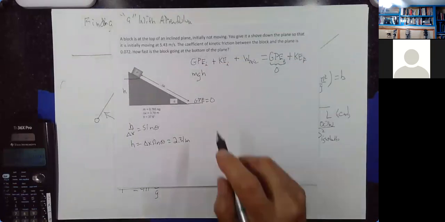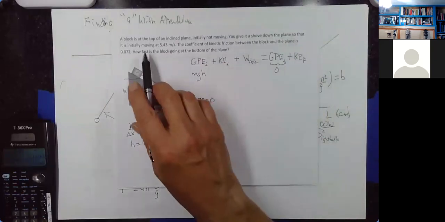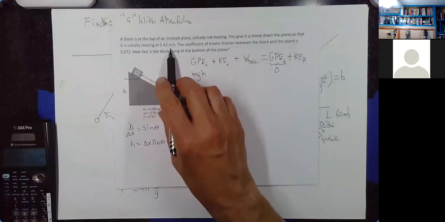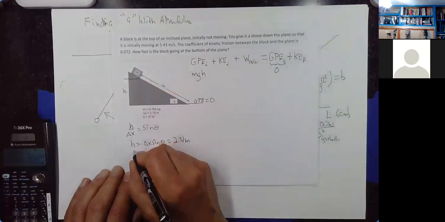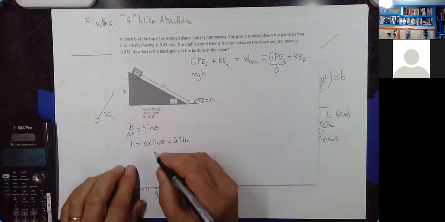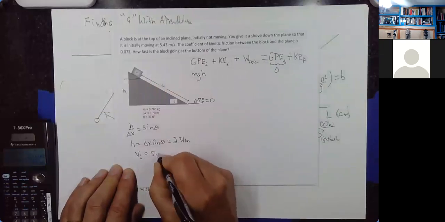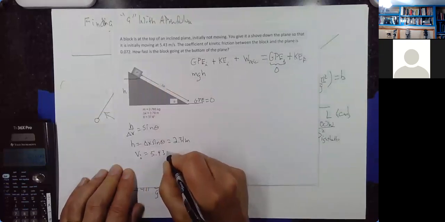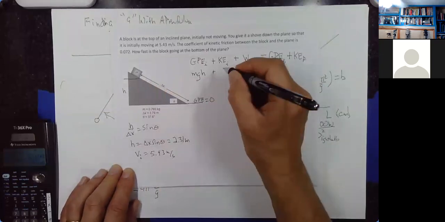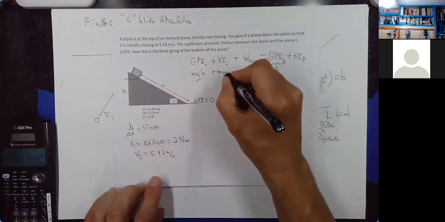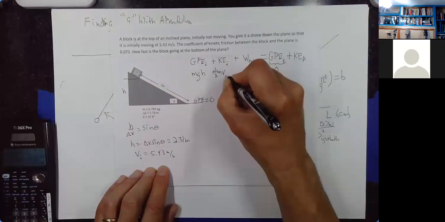Now, in this case, you give it a shove down the plane so that the initial velocity is 5.43 meters per second. So that's not 0 as it might be if we had a frictionless situation, but V initial is 5.43 meters per second. So that initial kinetic energy is 1/2 times m times V initial squared.